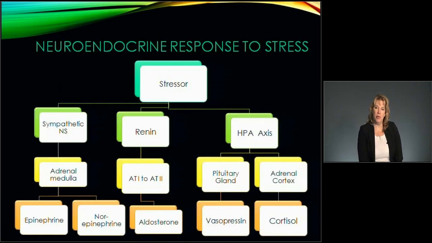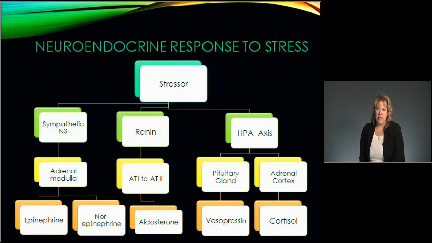So the main components of the neuroendocrine system in response to stress. As we mentioned, the sympathetic nervous system is the initial phase or the initial response to the stressor or the decreased perfusion pressure. And as we said, epi and norepi are the stress catecholamines designed to increase our heart rate, increase contractility, and also increase our vascular tone.